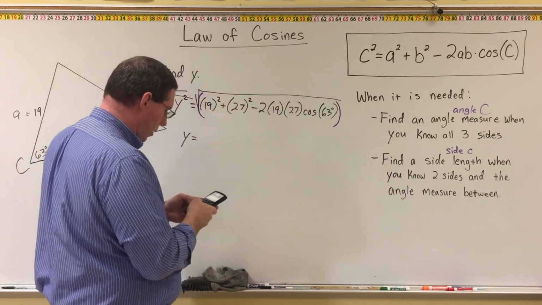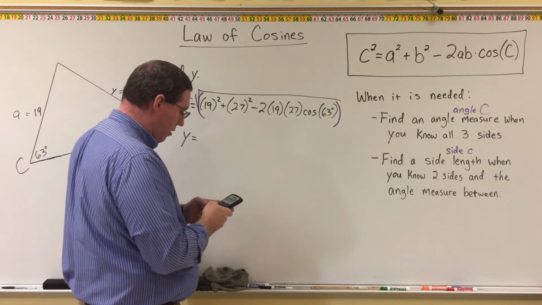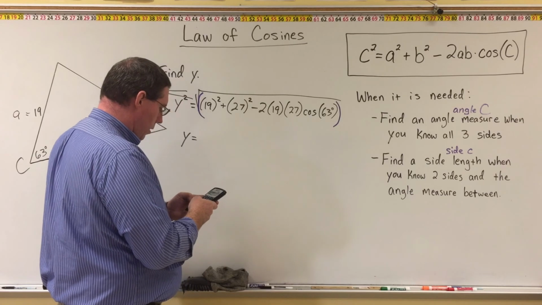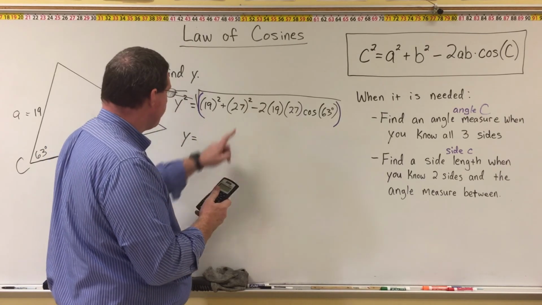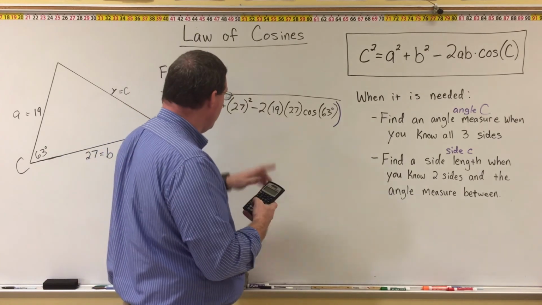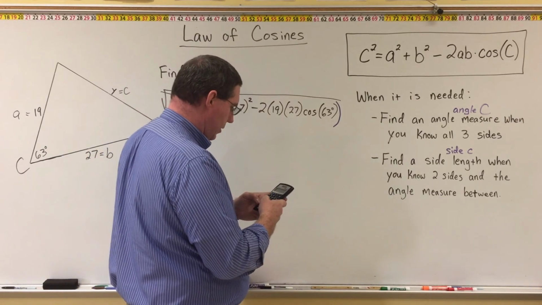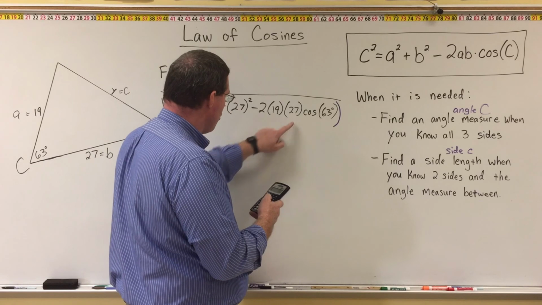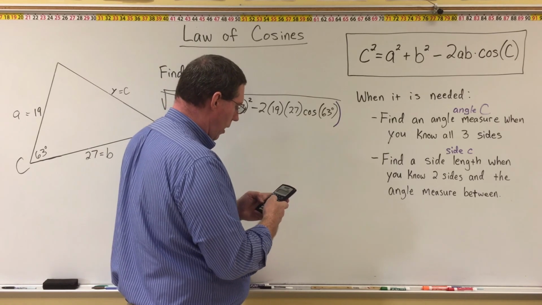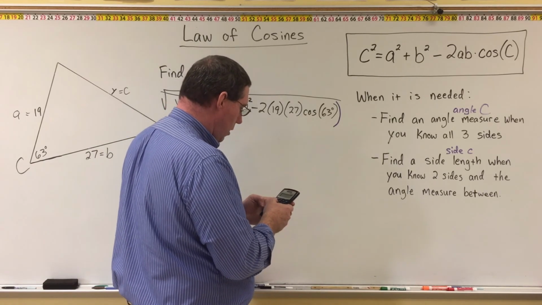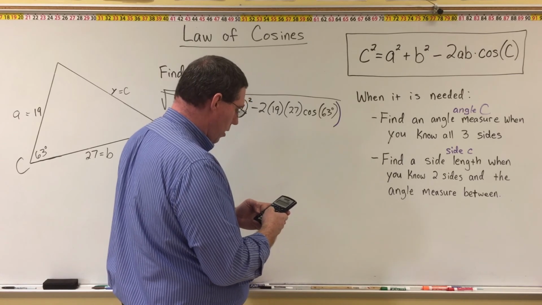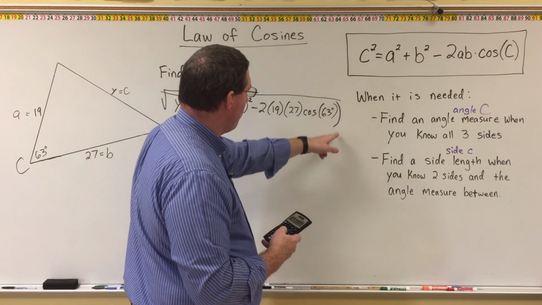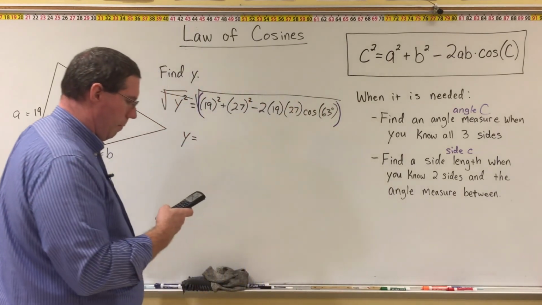What I'm going to put in is 19 squared plus 27 squared minus 2 times 19 times 27 times cosine, and I'm in degrees, cosine of 63, and then I close off the parenthesis on the whole square root.